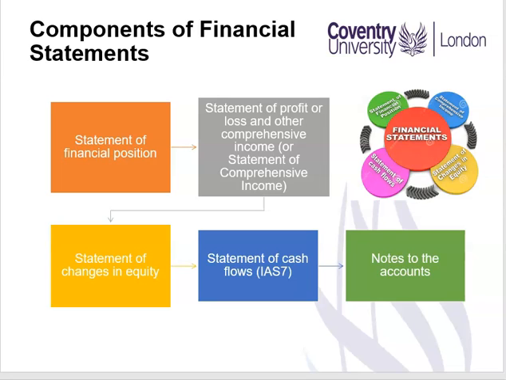So from henceforth, I will refer to this statement as a statement of comprehensive income. The third is the statement of changes in equity, statement of cash flows, IAS 7, and the notes to the accounts. Statement of cash flow is not part of this syllabus, but you will study this when you get to level 3.